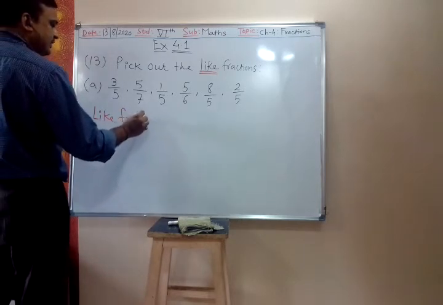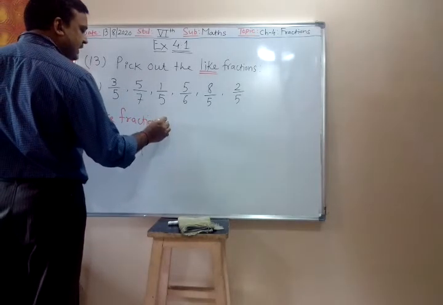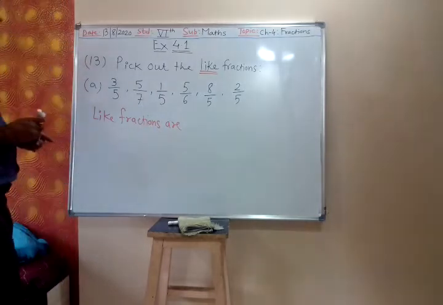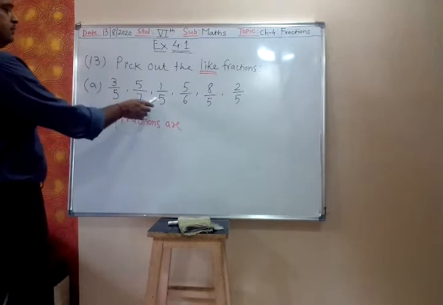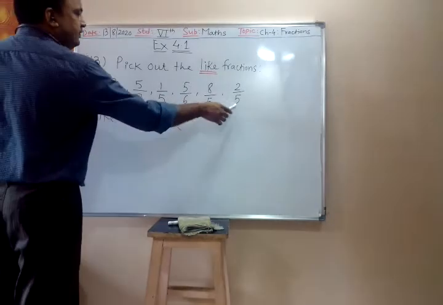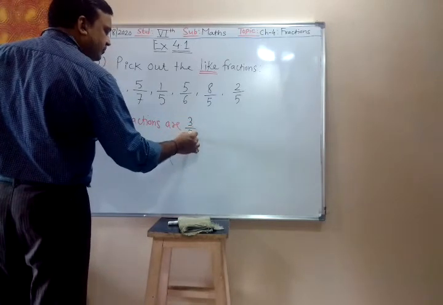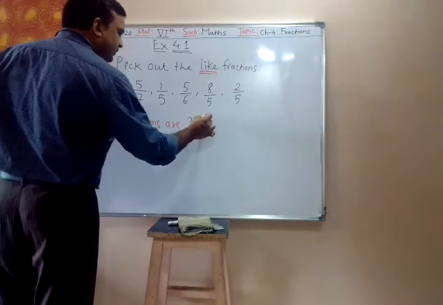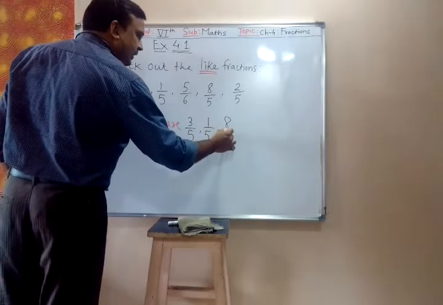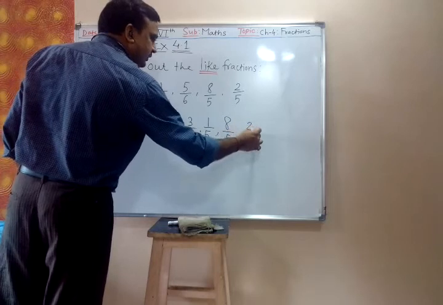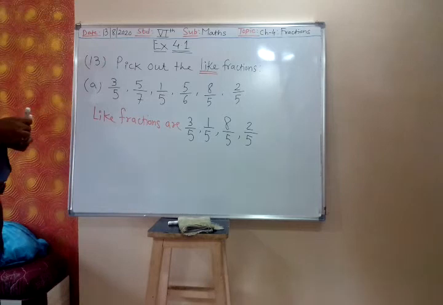So we write like fractions. Like fractions are 3/5, 1/5, 8/5, and 2/5, with 5 in the denominator. These four fractions are like fractions because their denominator is same.